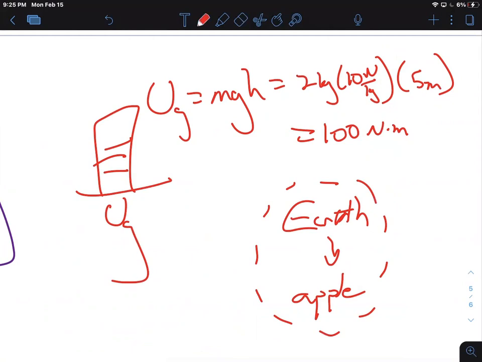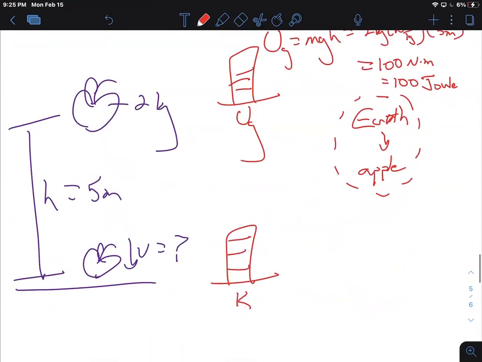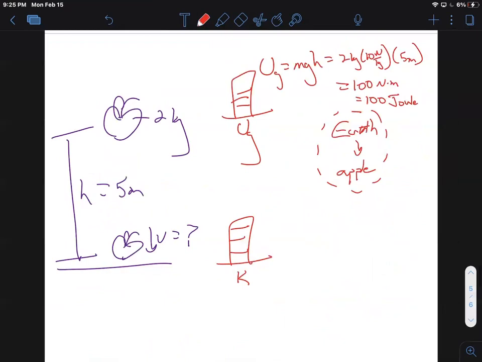There's a unit that physicists replace this with. We just call that the joule. 100 joules, where a joule is a newton times a meter. And a joule is the unit of energy. It's named after James Joule, some old dead white dude who figured this out, I guess.